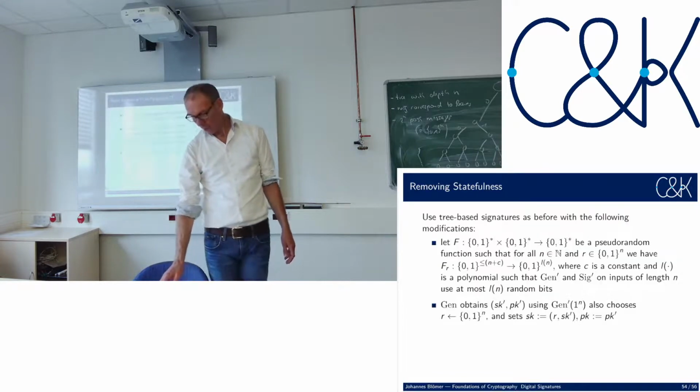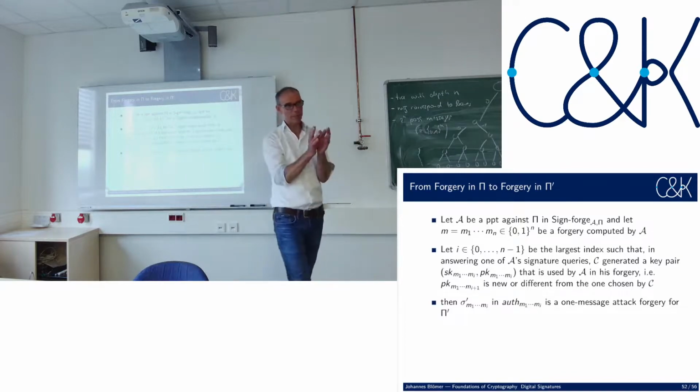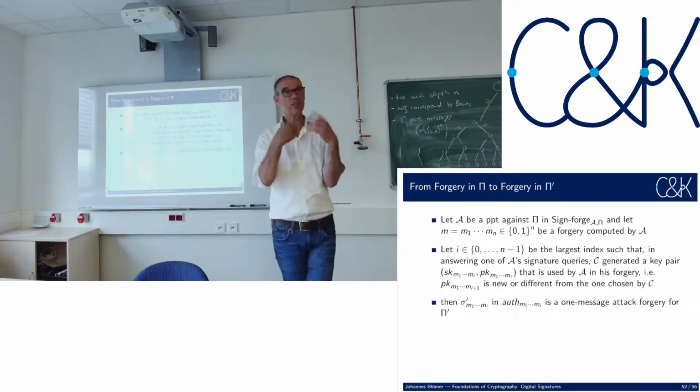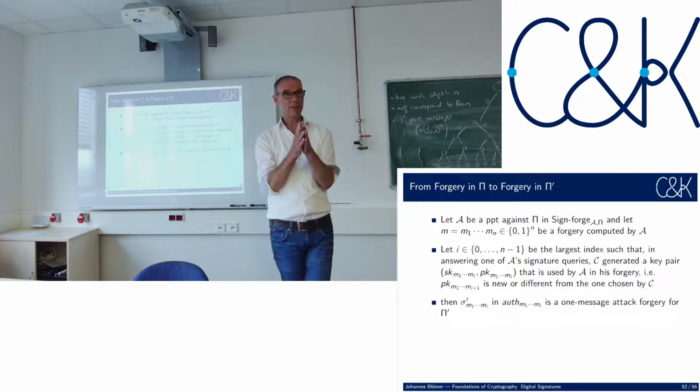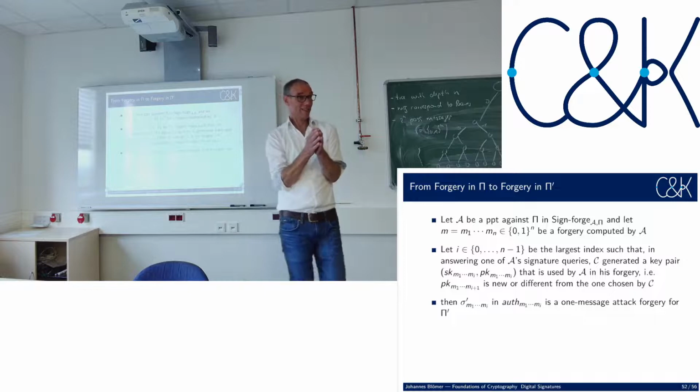The thing is, in the internal nodes, I only need public keys. And I regenerate the public keys using the randomness, the pseudo-randomness. In the chain-based, internally, it's messages that are included. I cannot regenerate the messages.